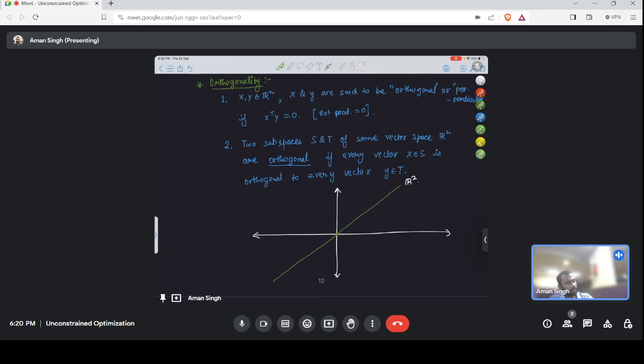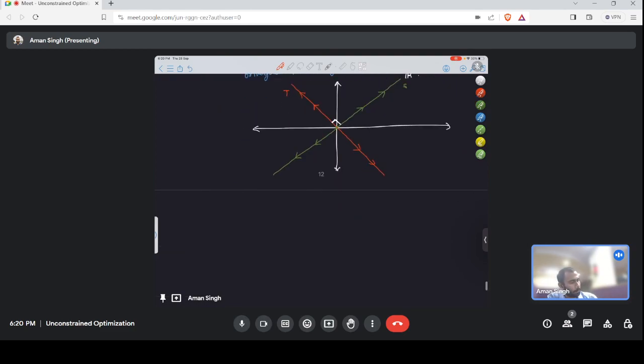Another subspace which goes perpendicular to this line is T. If this is S and this is T, then S and T are orthogonal subspaces. Any vector in T is perpendicular to any vector in S, and vice versa. These are orthogonal subspaces.